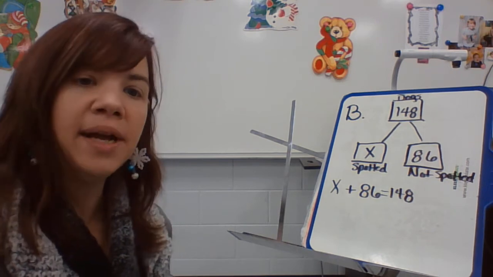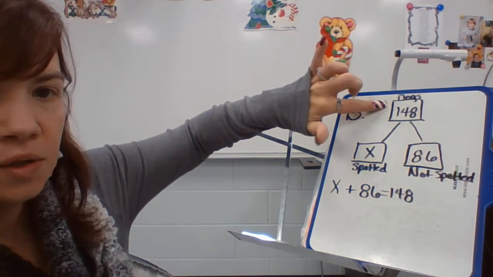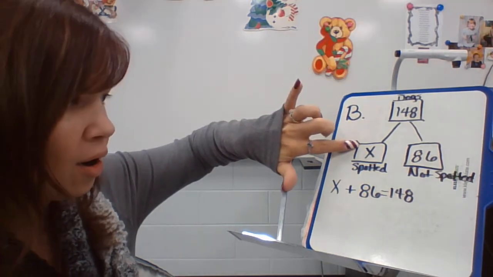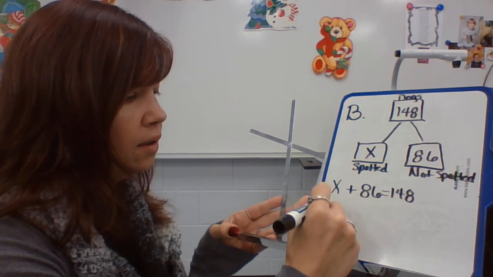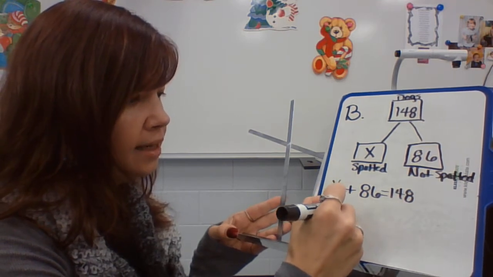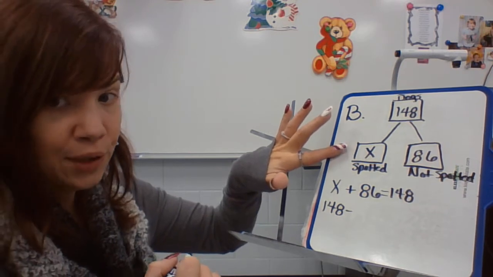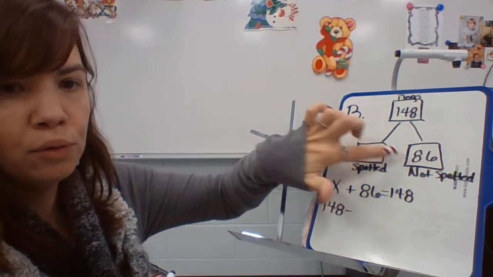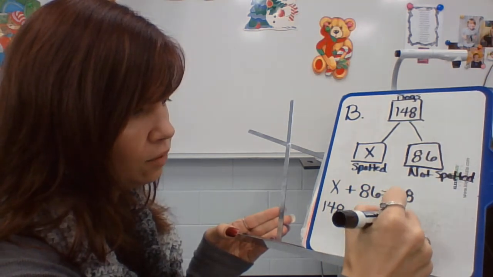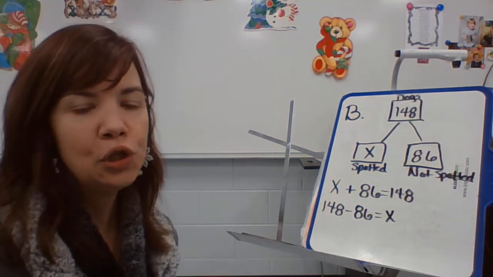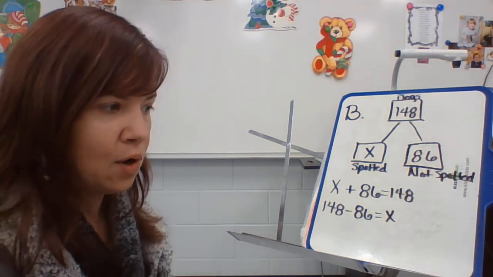Then we make it into a subtraction sentence. Okay, subtraction always starts with the whole and you take away a part. In this case, it's this part. So 148 minus, we're not going to take away the part we don't know. You're going to take away the part you do know. So 86 equals X. So there's the two sentences that we need, and then we're actually going to solve it.